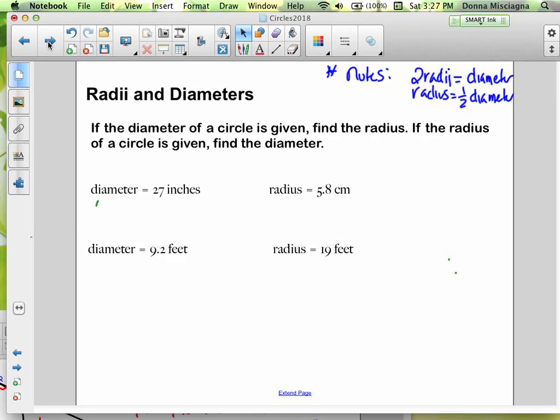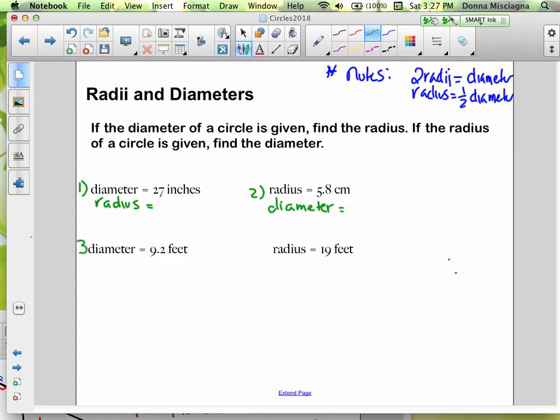So for the first one, you'll find the radius. For the second one, you'll find the diameter. The third one, you're given the diameter, so you'll find the radius.